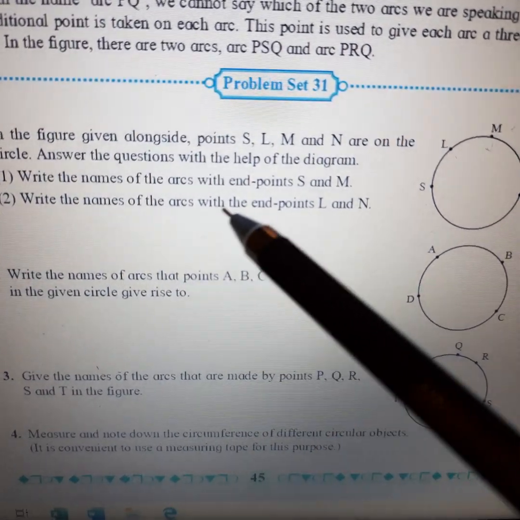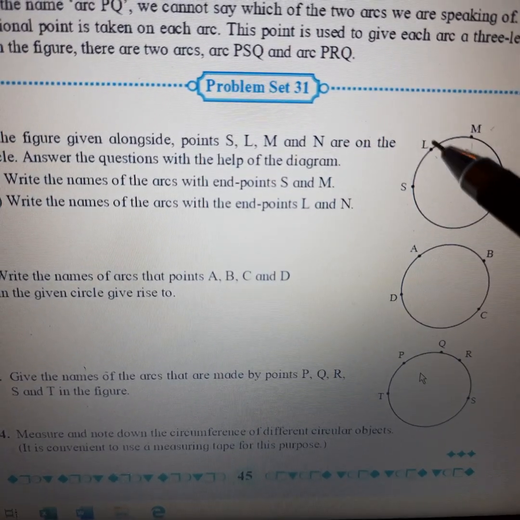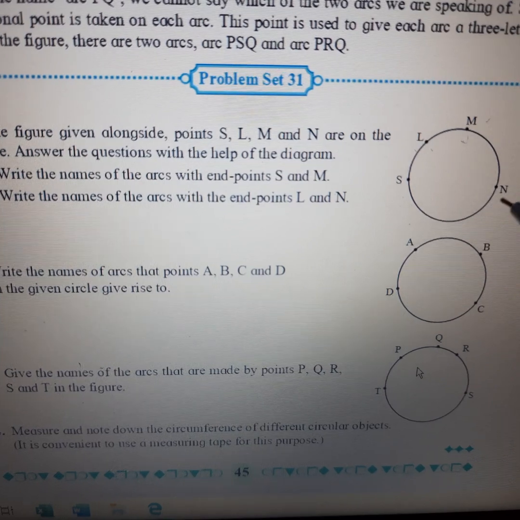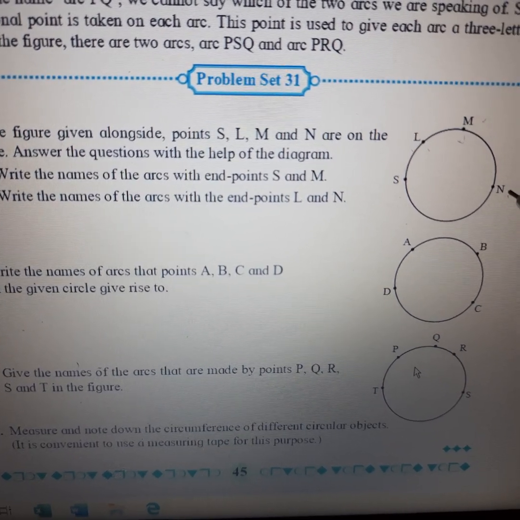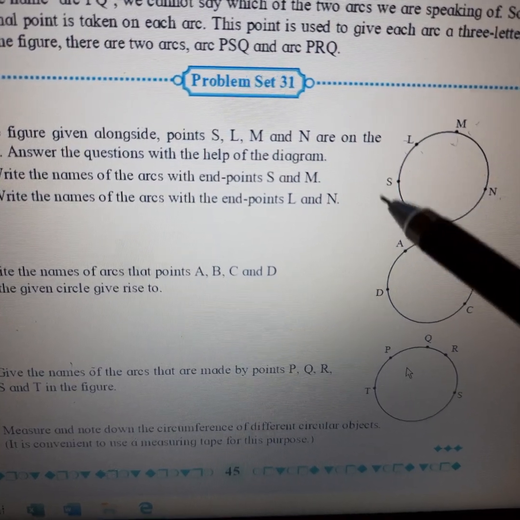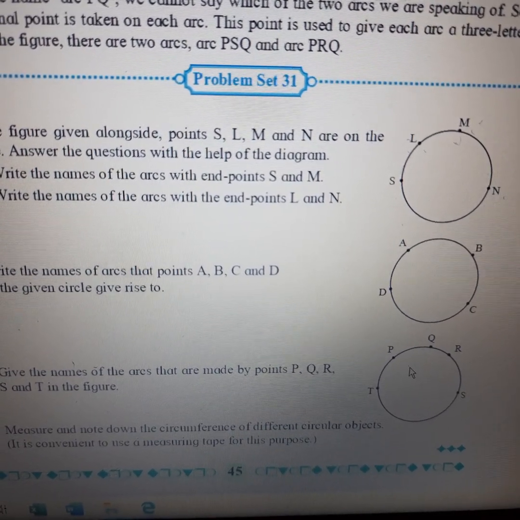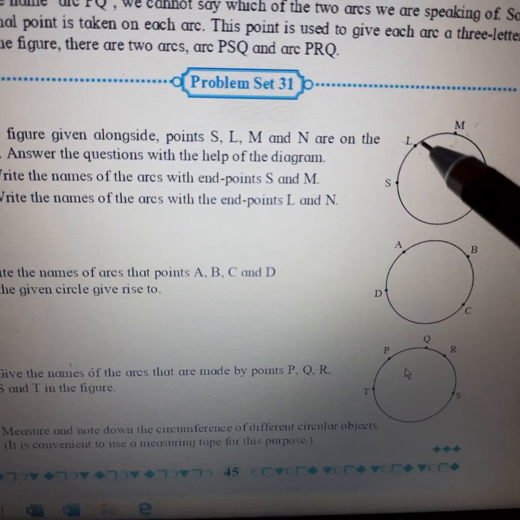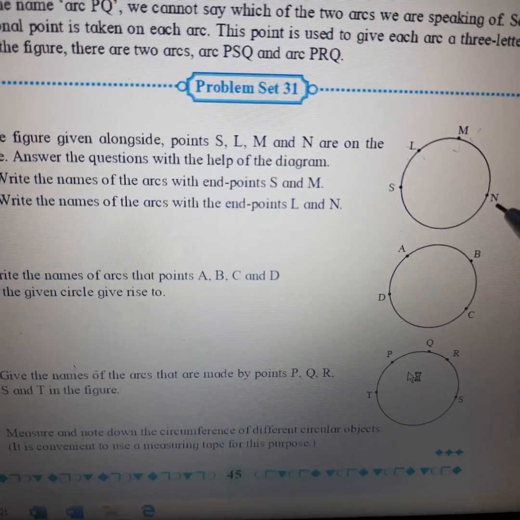Write the names of the arcs with the endpoints L and N. Now we have to take L and N as the endpoints. So that will be arc L, M, N and arc L, S, N. Remember, children, both arcs will have L, N as the endpoints.